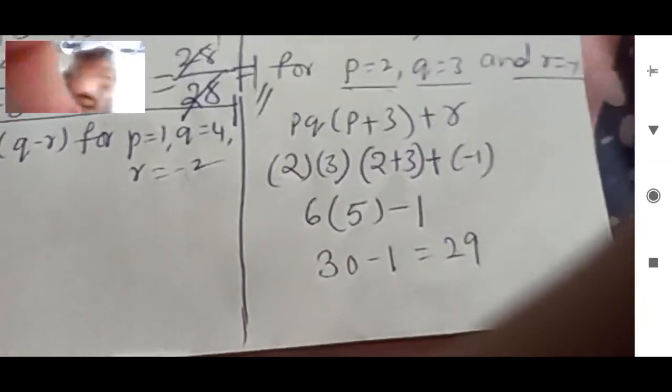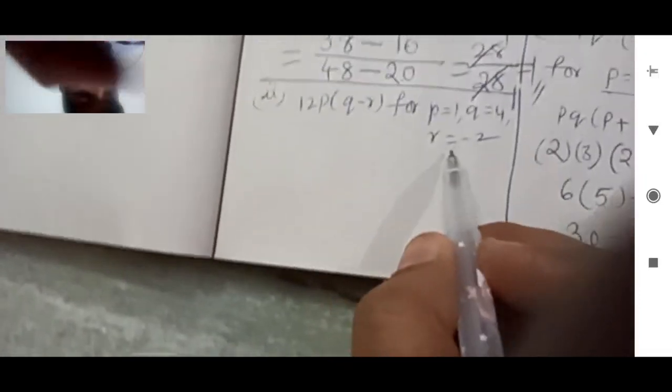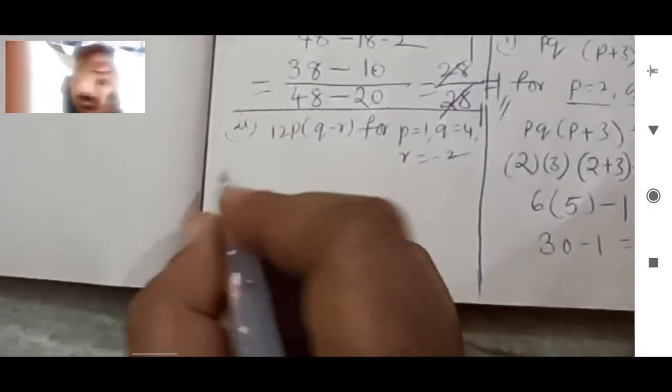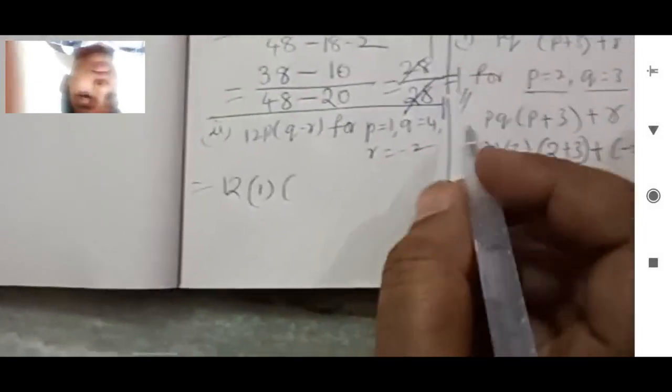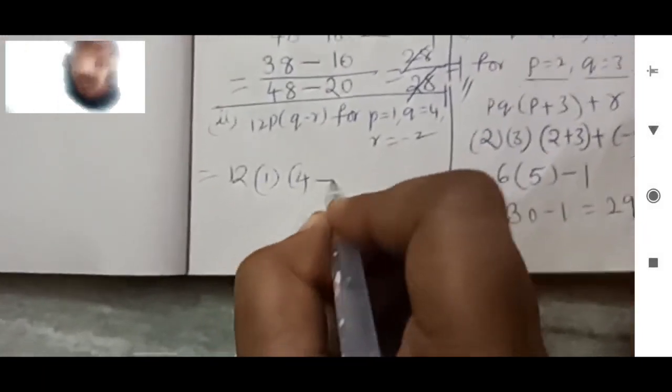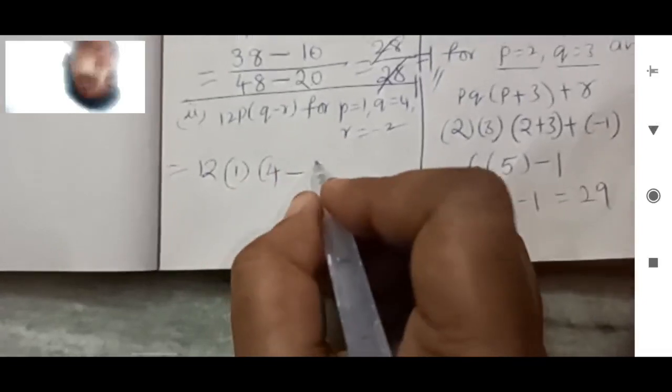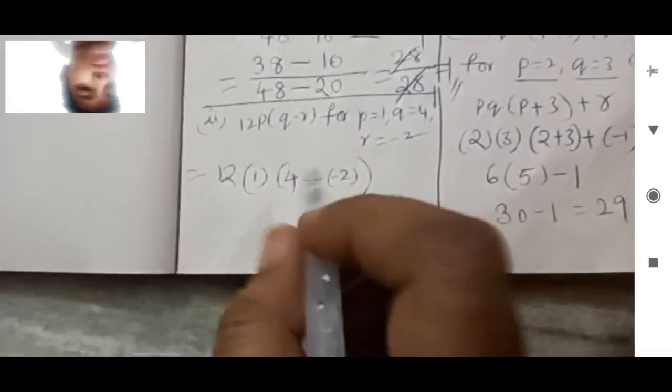Okay. So next we have to substitute the values here also, same. P value 1, Q value 4 and R value -2. So in the place of P we have to substitute 1 and in the place of Q we have to substitute 4, minus R, in the place of R -2 we have to keep. Just don't confuse here.